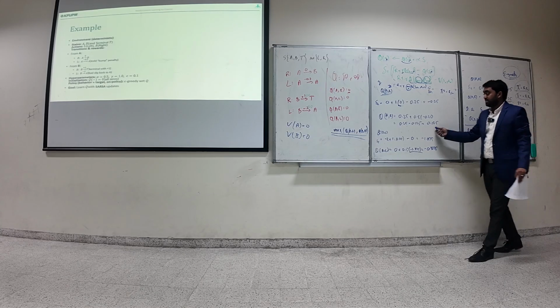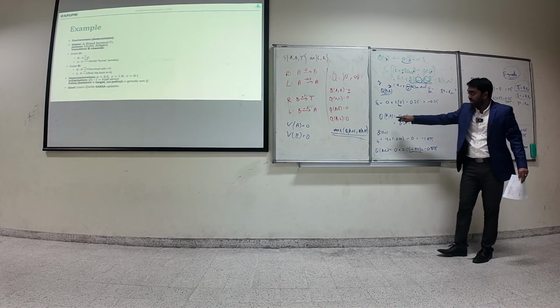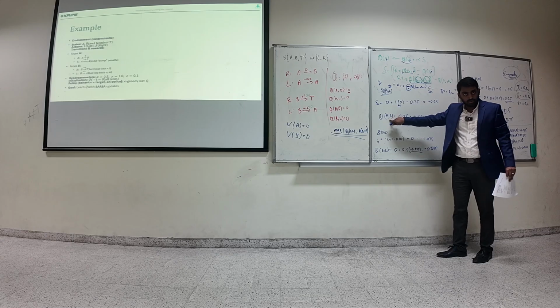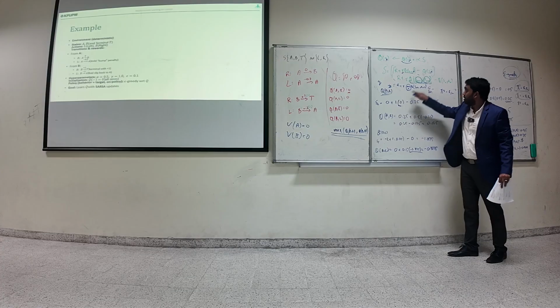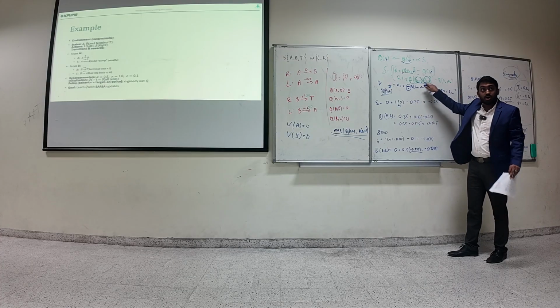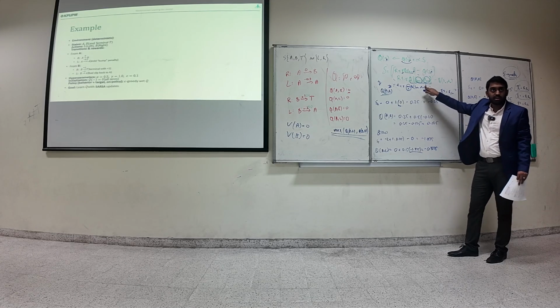Okay. There's another interesting thing here now. When you take a right in A, what value do you assume here? On policy. What do you assume here? BL, right? Why BL? Why not BR?